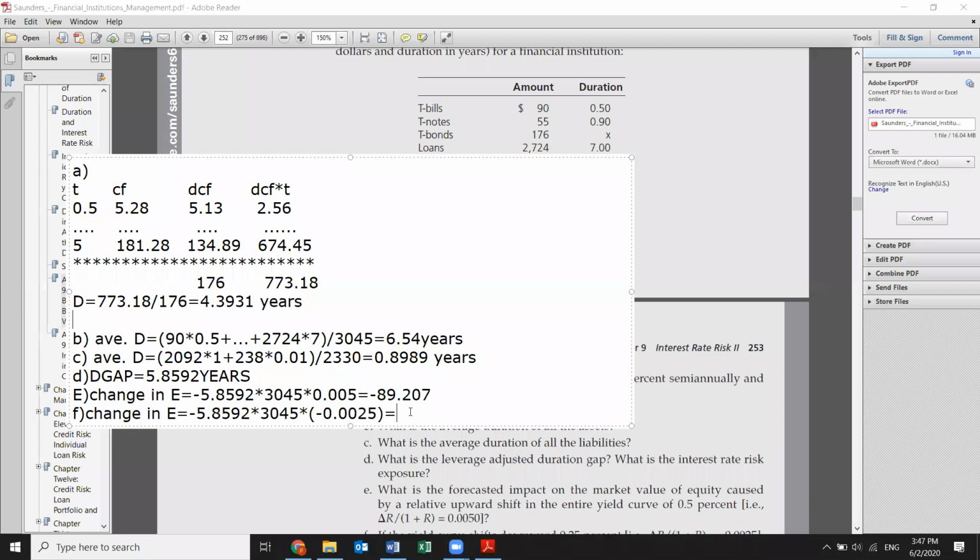If you calculate, it will be equal to 44,603,000. Okay, this much your equity will be appreciated. So that means your equity will go up.